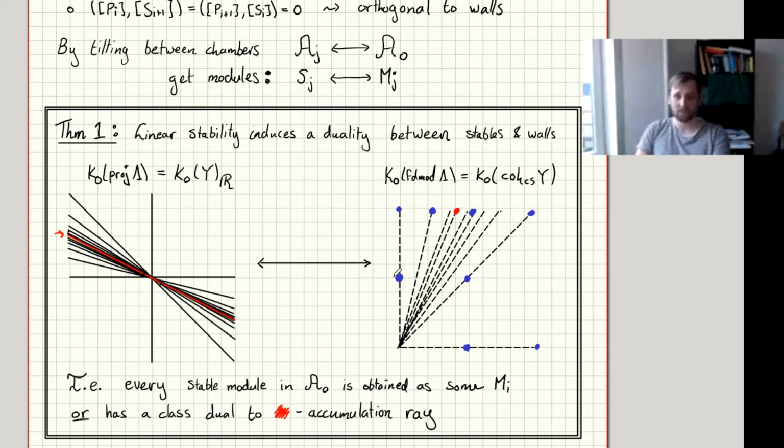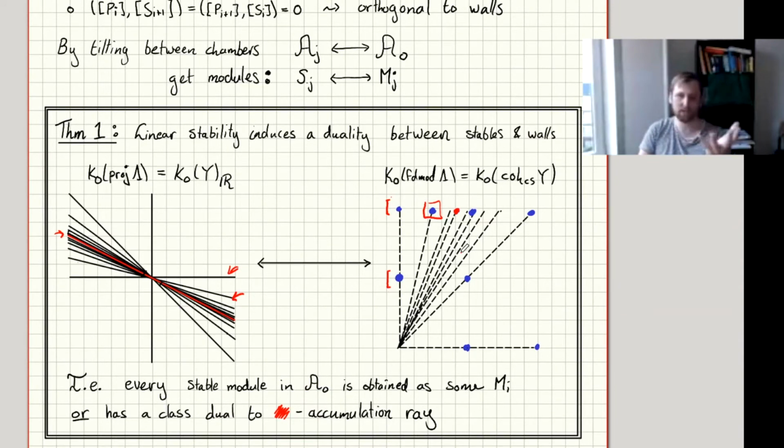So we have semi-stable objects for the simples and their extensions. These are dual to this ray, and then you get more semi-stable objects for stuff that's orthogonal to this ray, and so on and so on.